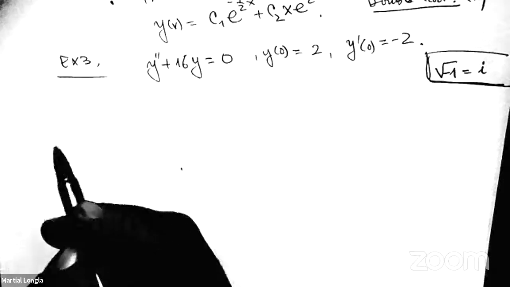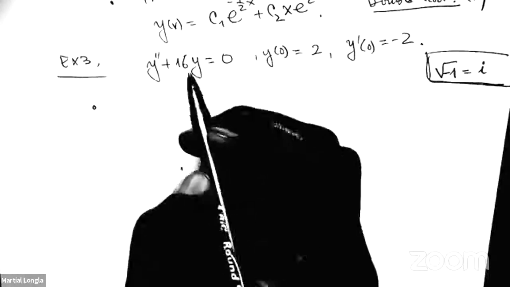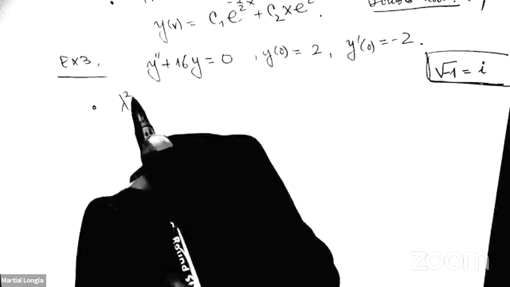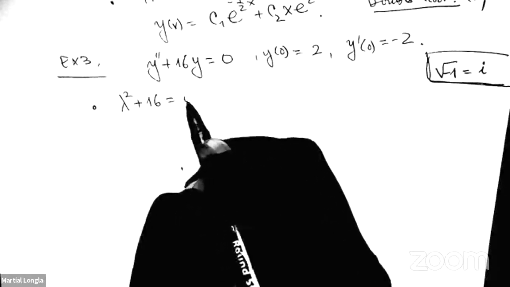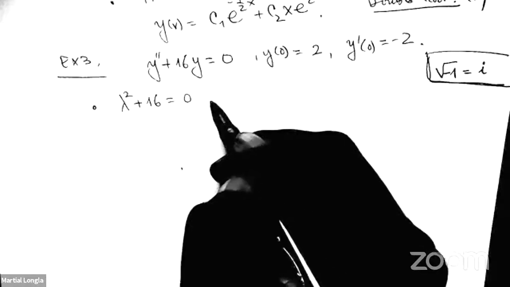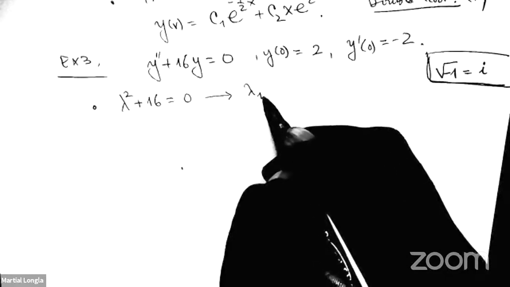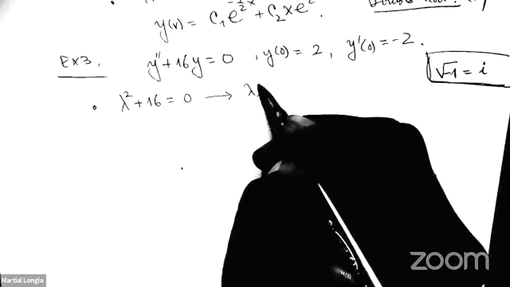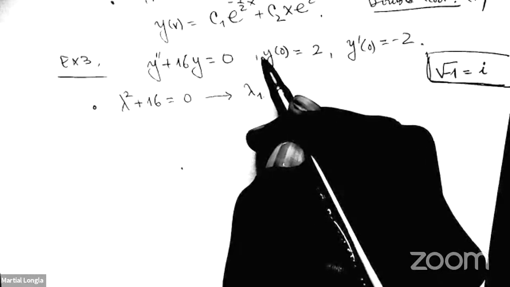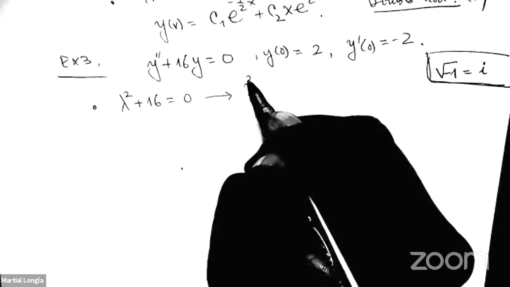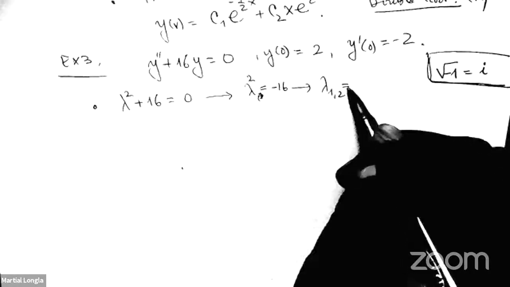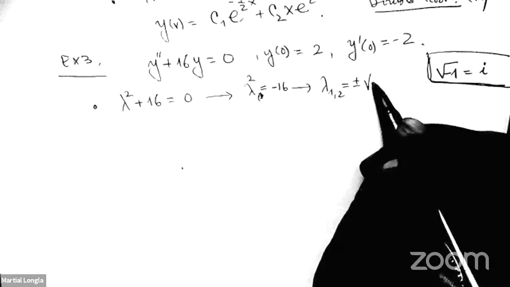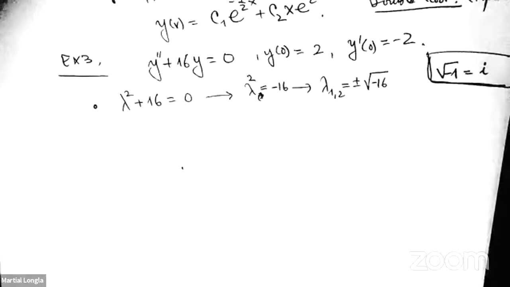No, first of all, give me what's your Euler equation. Lambda squared plus 16 equals 0. Then lambda squared equals negative 16, and then you would take the square root of that. I guess that gives the 4, is that 4i? I don't know what's after that step right there.